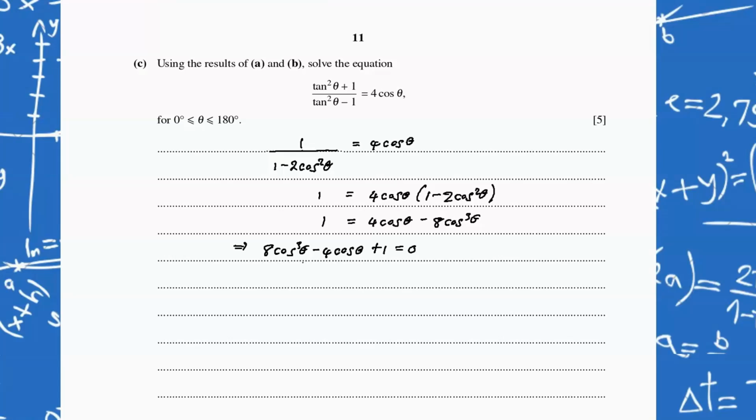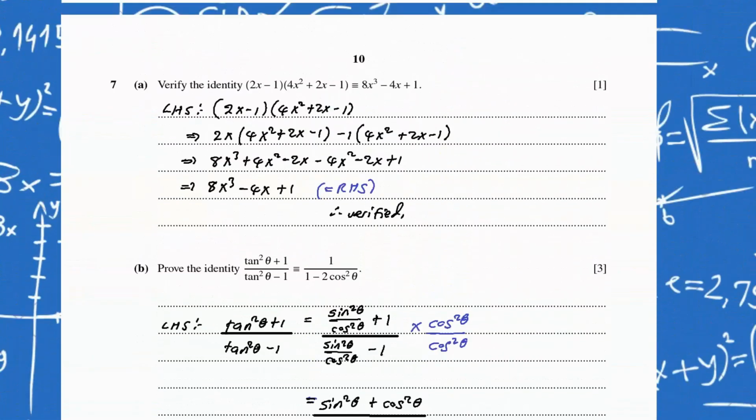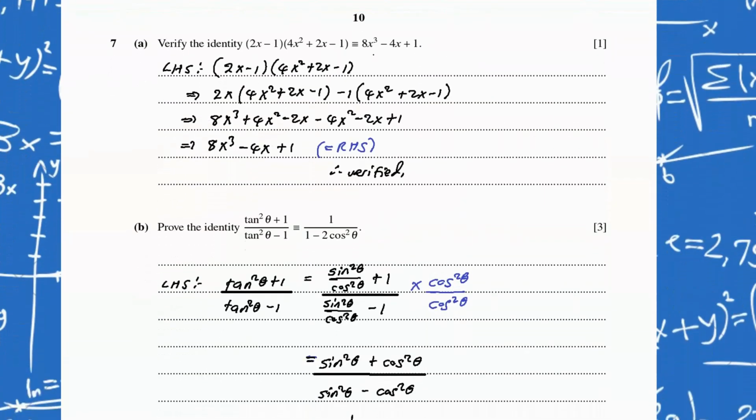Now I want you to consider this and let x be equal to cos theta, which means this will be 8x cubed minus 4x plus 1, which we know from part A, we had gotten that the 8x cubed minus 4x plus 1 is identical to this, the 2x minus 1 of this.